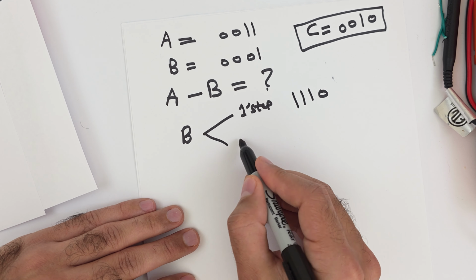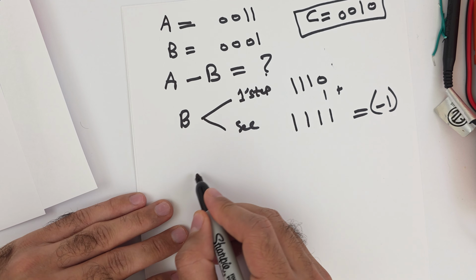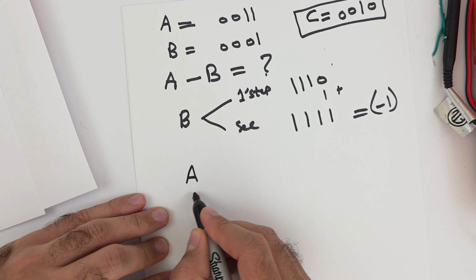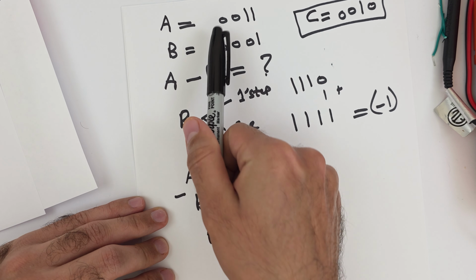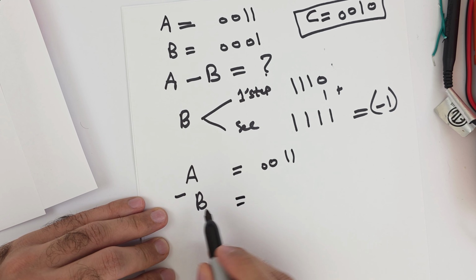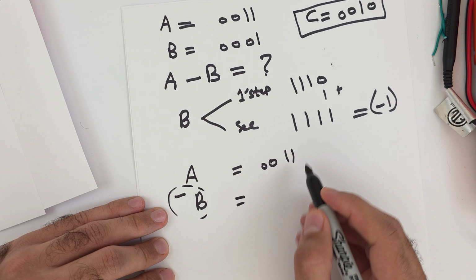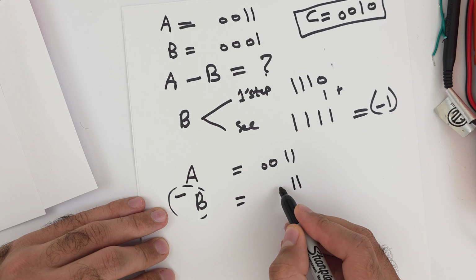So what we need to do is to say a minus b. This is a, 1, 1, 0, 0, and minus b is equal to this value, 1, 1, 1, 1. You need to add these two values. So it is going to be 0 plus 1, 1, 1, 0, 1.